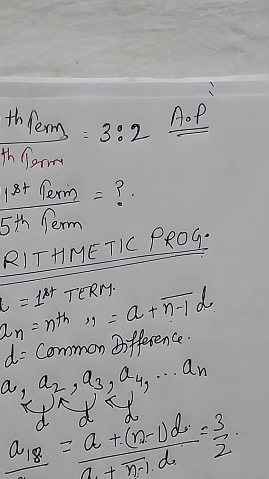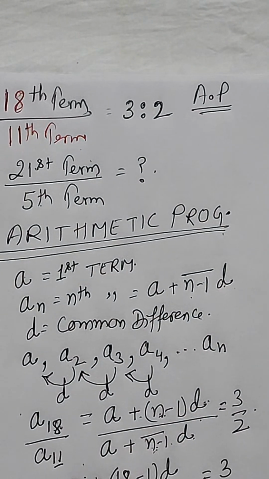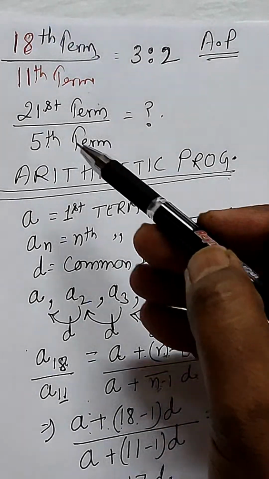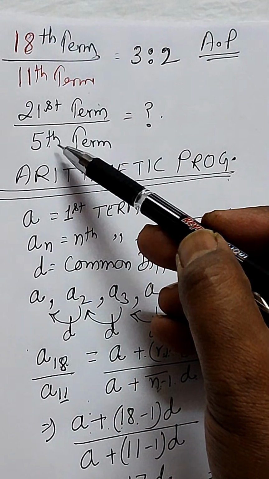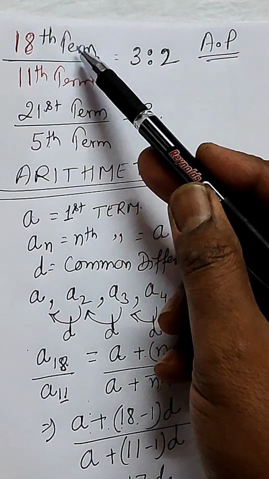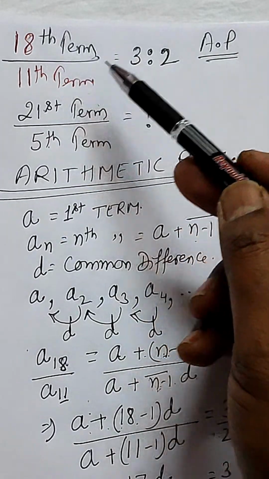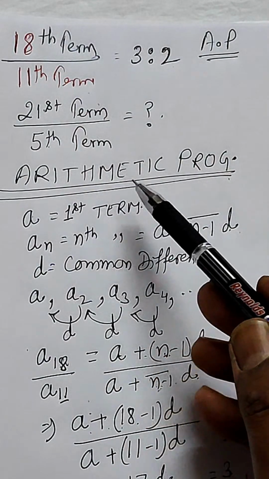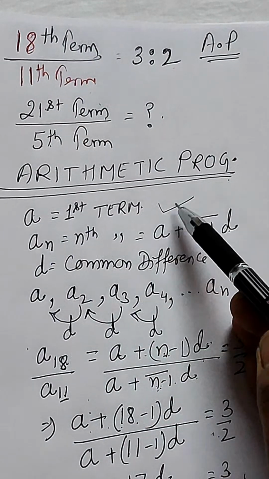So here, students, it was asked that we need to calculate the ratio of the 21st term and 5th term, and that is derived how? Because one relation is given: the ratio between the 18th term and 11th term is 3 is to 2. Now we just put up the values and some basic formulas of arithmetic progression that we need to remember.